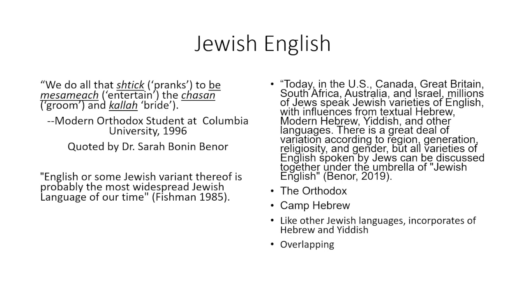And the quote is, "We do all that shtick to be mesameach the chassan and kala," which is, you know, five words out of this little sentence that are Hebrew or Yiddish. So this is a kind of interesting admixture of vocabulary from Hebrew and Yiddish on top of an English base.